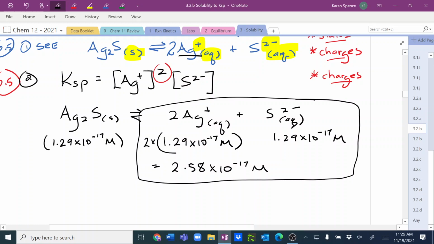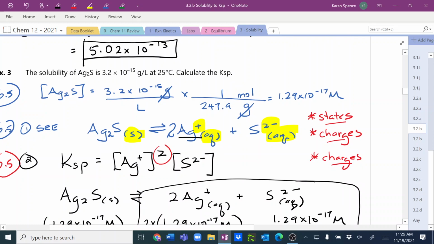That's one way of doing it, is to put them underneath the equation. Another way of doing it would be to say, for the concentration of sulfide, the concentration of sulfide is going to be the same as the concentration of silver sulfide, because it is a 1-to-1 ratio. So you could just put that there if you wanted to for sulfide.